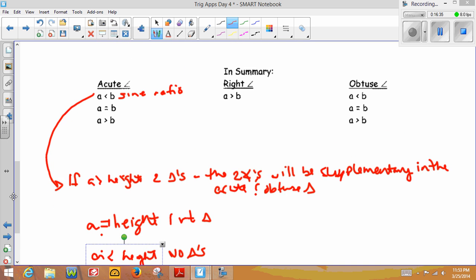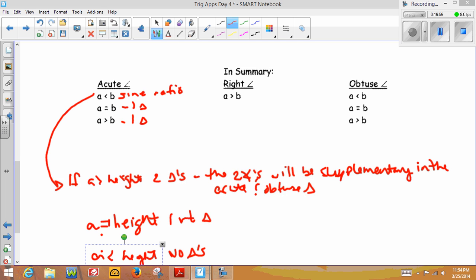If A equals B, going back to our acute angle, if A equals B, we have one triangle. And if A is greater than B, we have one triangle. So we can either have one, two, or no triangles for an acute angle, depending on our given situations.